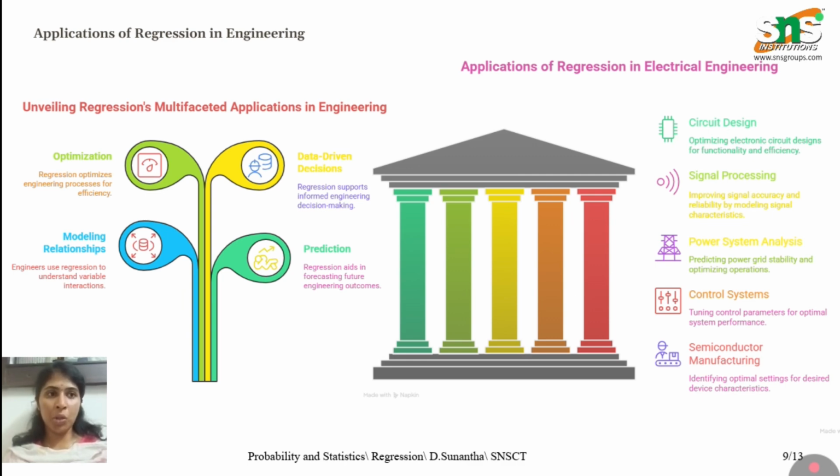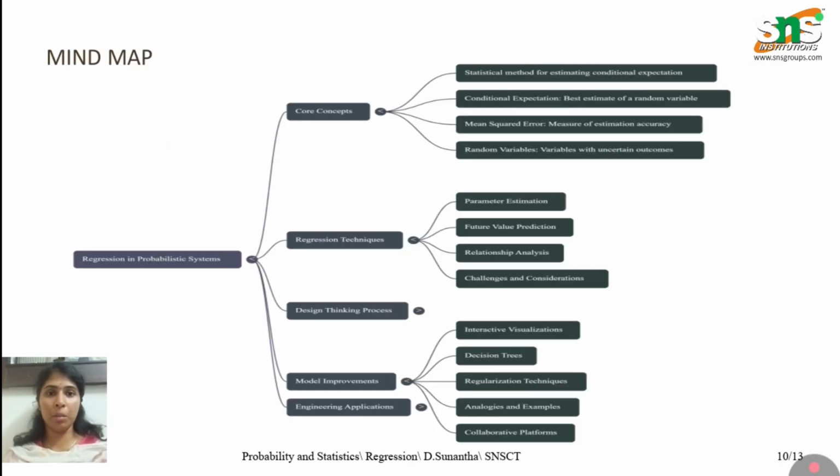In circuit designing, signal processing, control systems and semiconductor manufacturing, this is used. Correlation identifies the association, whereas regression implies cause and effect or prediction. Next, regression is a function, an equation.